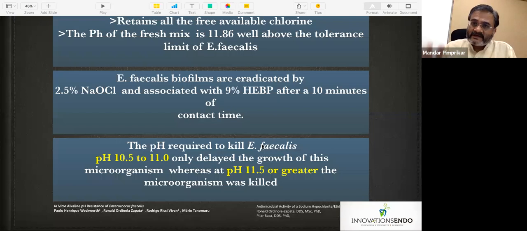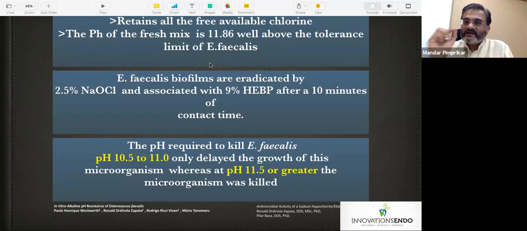So the advantage over chlorhexidine for the continuous chelation could be that E. faecalis cannot survive beyond a pH of 11.5. And when you freshly mix this solution, the pH is about 11.86.